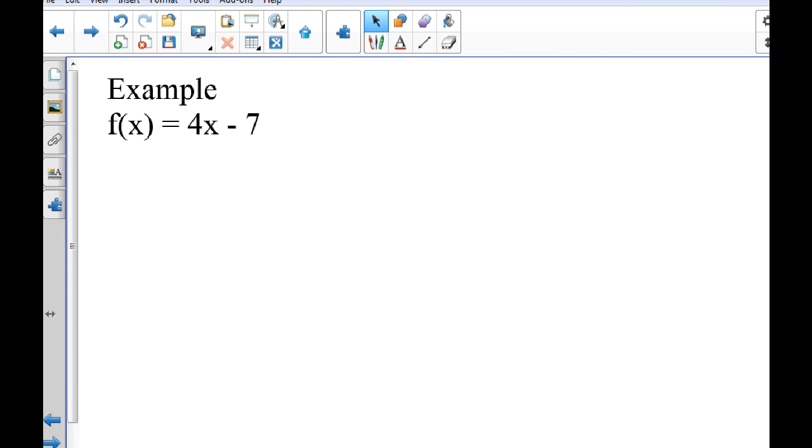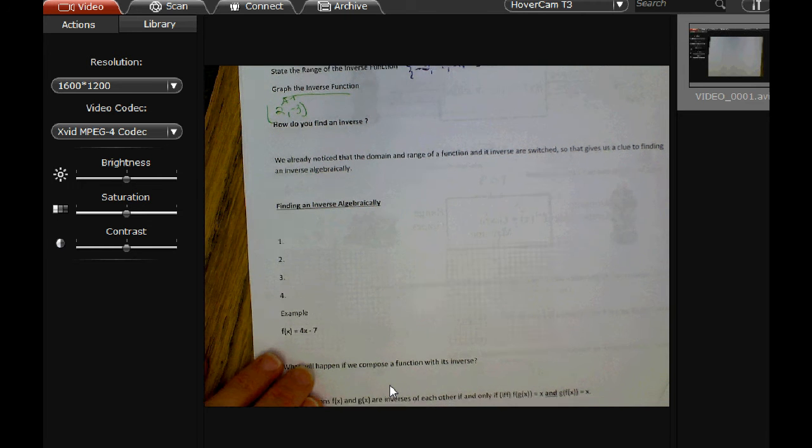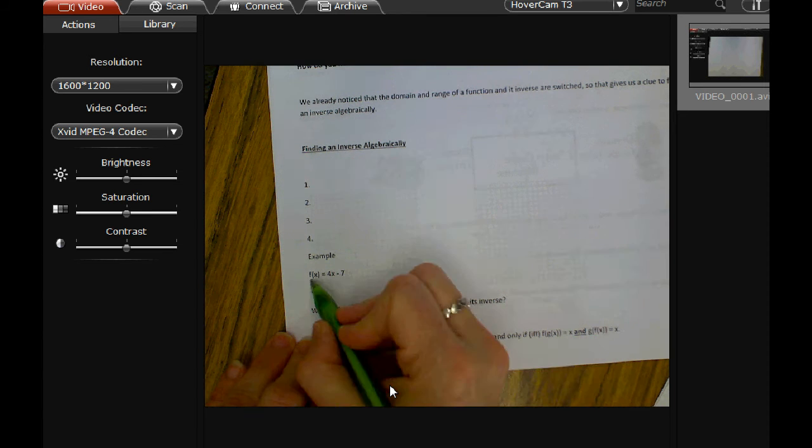So our last example that we're going to look at is right here. Knowing those 4 steps, you want to make sure it's solved for y first, and it is.